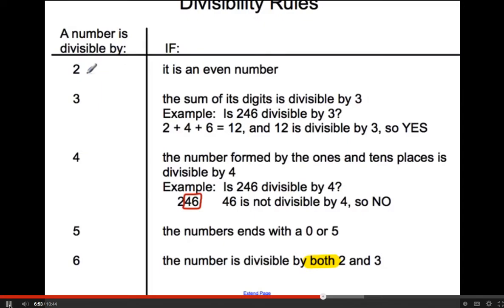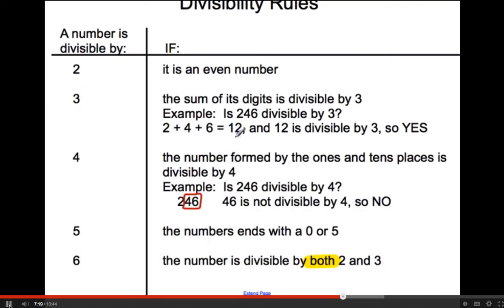A number is divisible by 3 if the sum of its digits is divisible by 3. Sum, remember, that's adding up the digits. Okay, so let's take a look at this example. Is 246 divisible by 3? Well, if we add the digits in 246, we've got a 2 plus a 4 plus a 6.